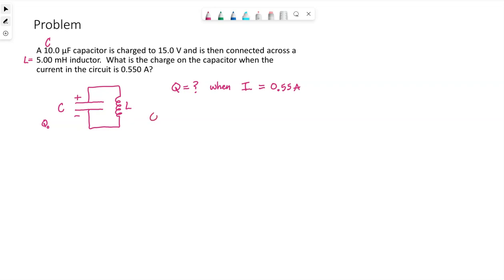We do know the charge on the capacitor as a function of time is equal to Q naught cosine omega t. We know the current in the circuit is described by omega Q naught sine omega t.